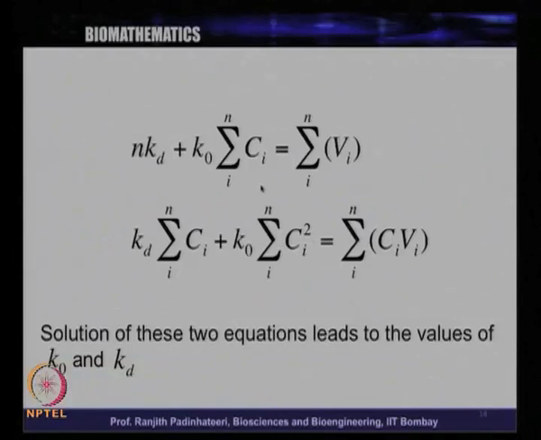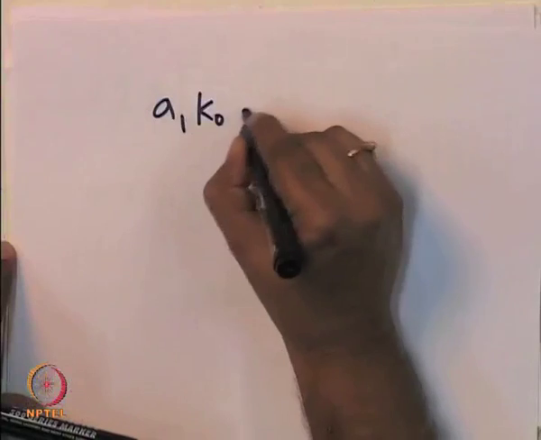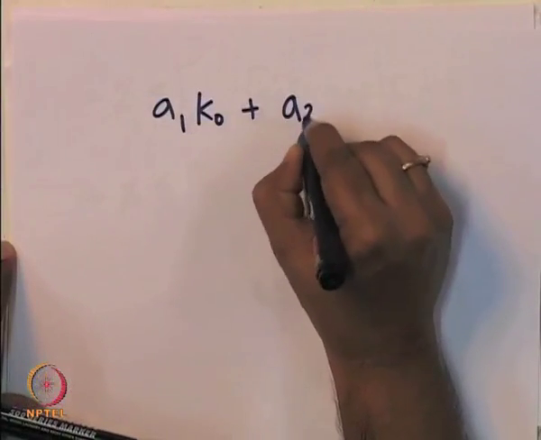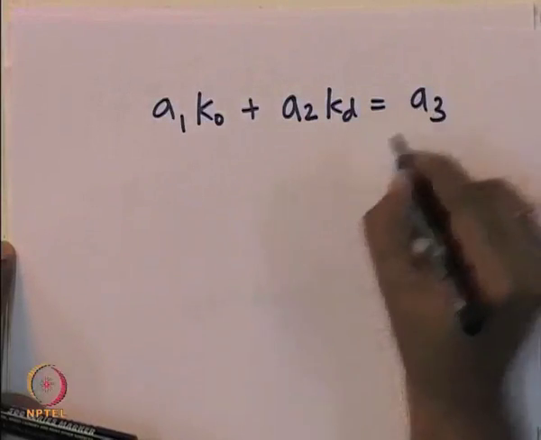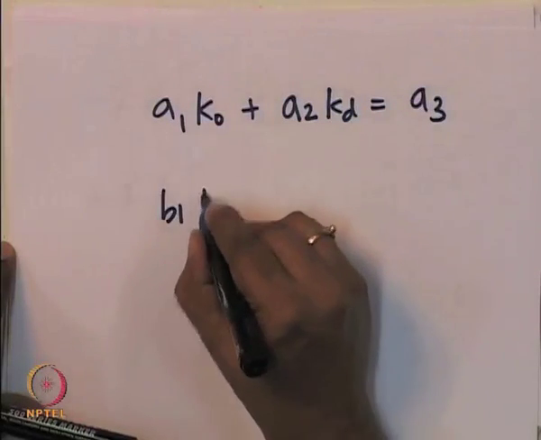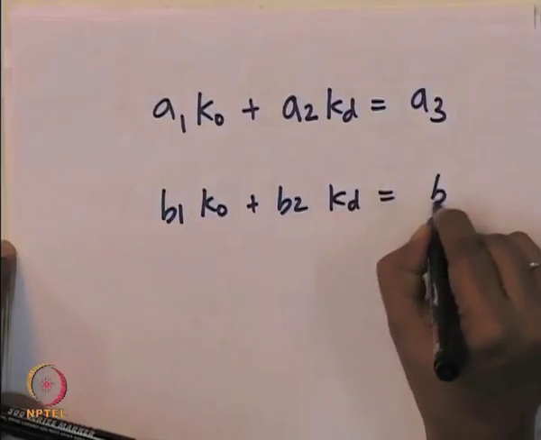So what you essentially have is A1 into K0 plus A2 into Kd is equal to A3, and B1 into K0 plus B2 into Kd is equal to B3.